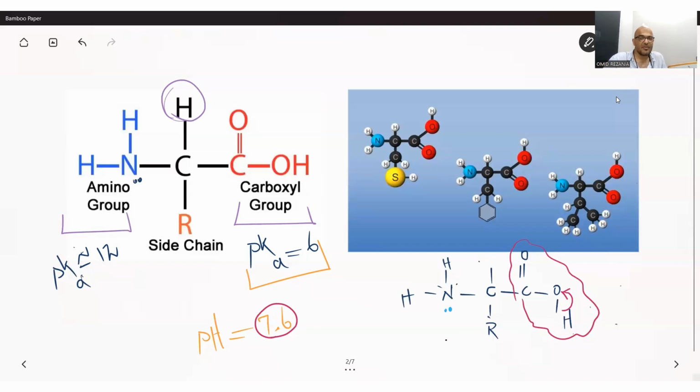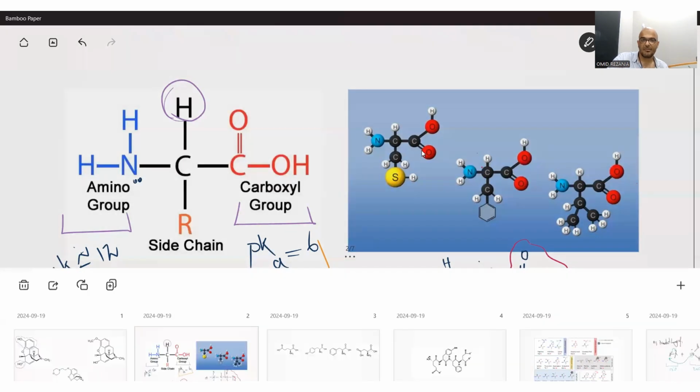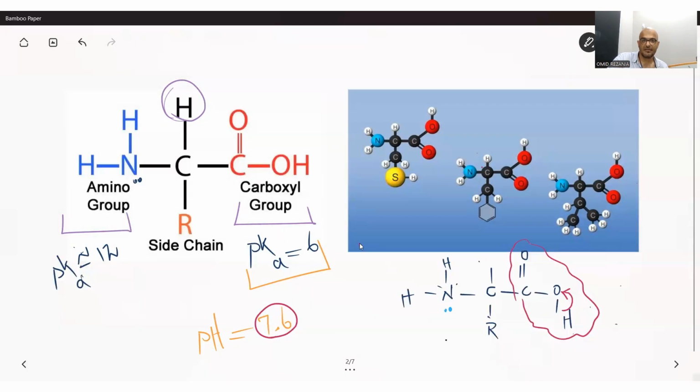Then as a result, you see that the carboxylic acid which I had becomes ionized. I wish I could remove that picture. No, I cannot. And this hydrogen is going to go out. The hydrogen goes to the environment, which is positively charged in the solution.